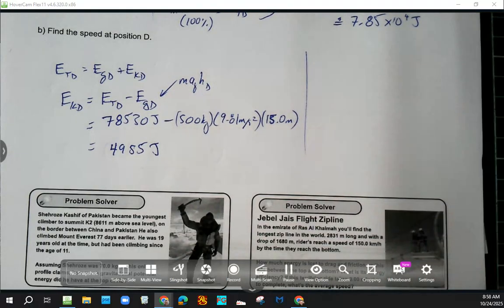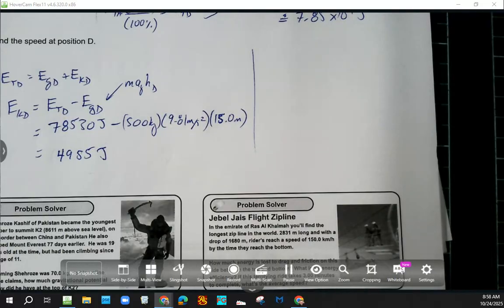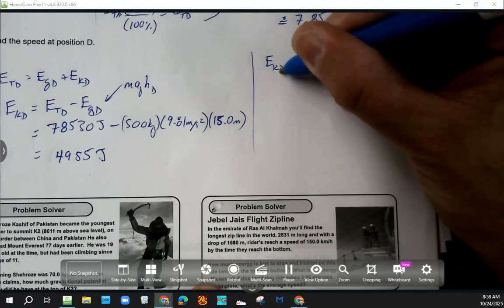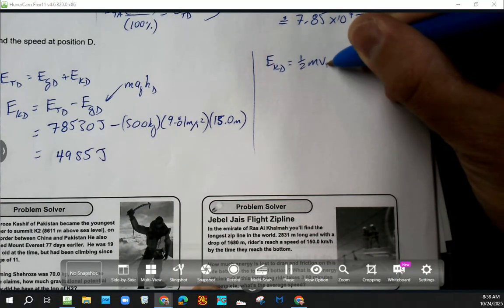All right, so Avery jumped to the speed already, and you got it right. But let's lay out our groundwork here, because EKD is equal to 1/2 m v D squared.